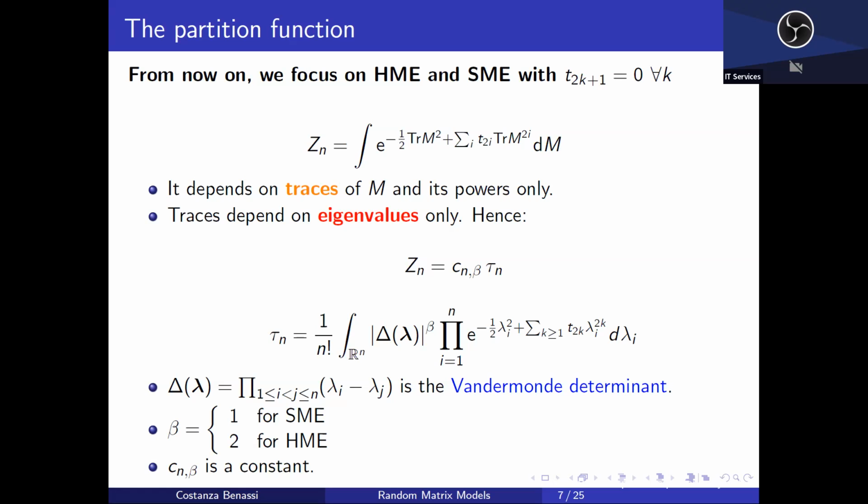And then you have this product here that just reproduces the form of the potential that you had for the matrices, all right? So Z is proportional to this integral here that I've called tau, and I've not called it tau just out of whimsy. We're going to see in a second that there's a reason I'm calling it tau. And there's going to be some constant here, which is not really relevant. That is where we've put everything that's a degree of freedom that's not our eigenvalues in our integral, right?